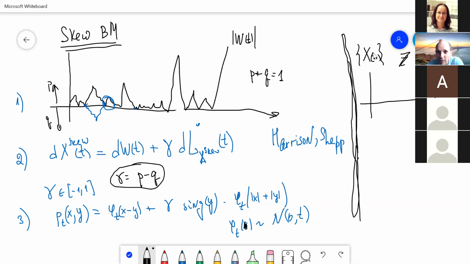Well, and now the link between random walks and skew Brownian motion. Harrison and Shepp considered the following random walk.